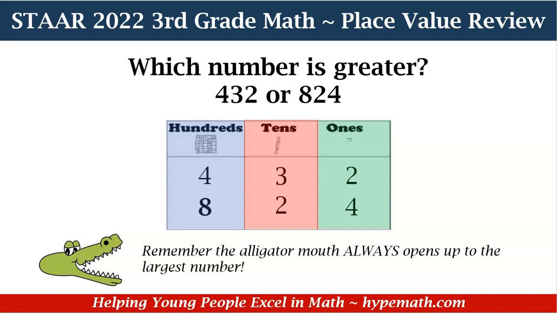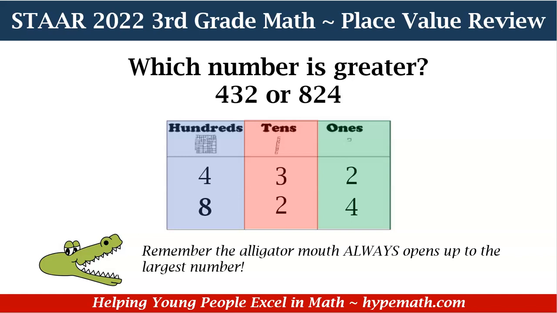If you notice, for 432, there's a 4 in the hundreds place, a 3 in the tens place, and a 2 in the ones place. For 824, there is an 8 in the hundreds place, a 2 in the tens place, and a 4 in the ones place. Now what we need to do is start at the very left, which is the hundreds place, and compare the digits of the same place value. So our focus will be on the 4 and the 8.